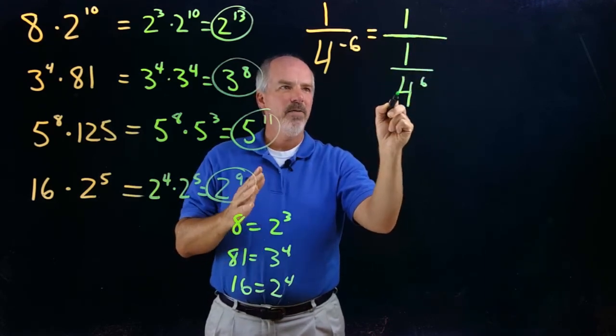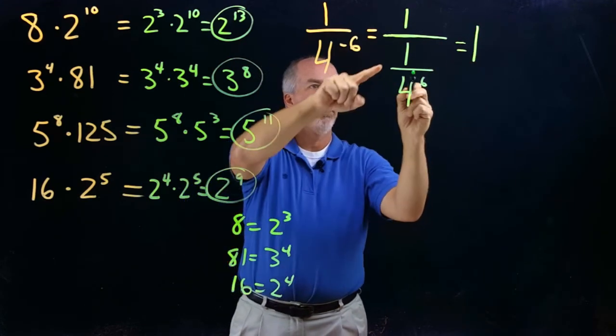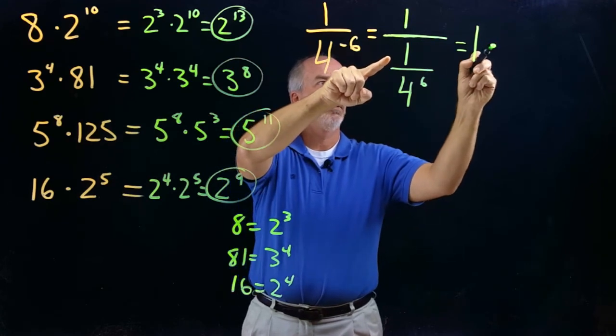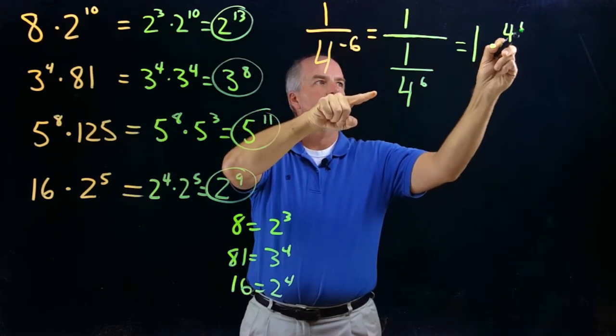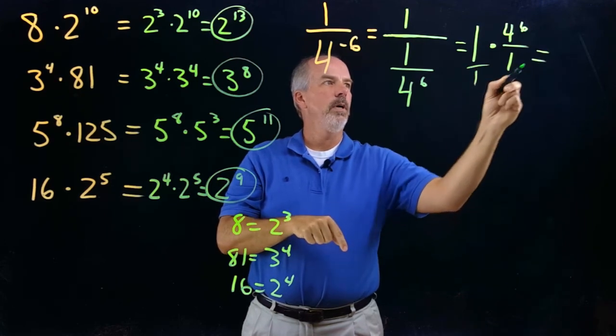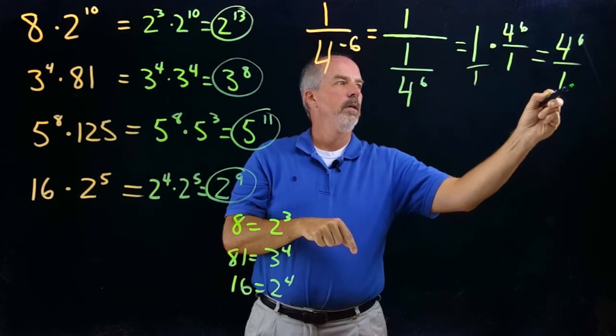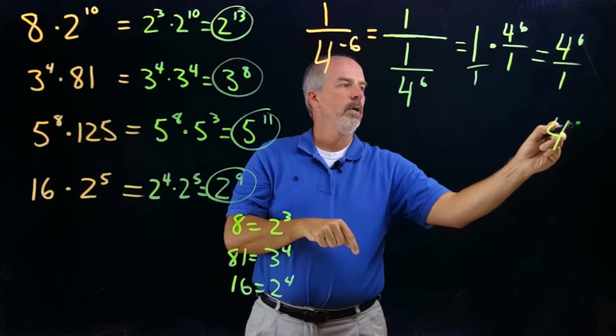And when we divide, we multiply by the reciprocal. So that's going to be 1, we're going to flip this, times 4 to the 6th over 1. And that's the same thing as 4 to the 6th over 1, which of course is going to equal 4 to the 6th.